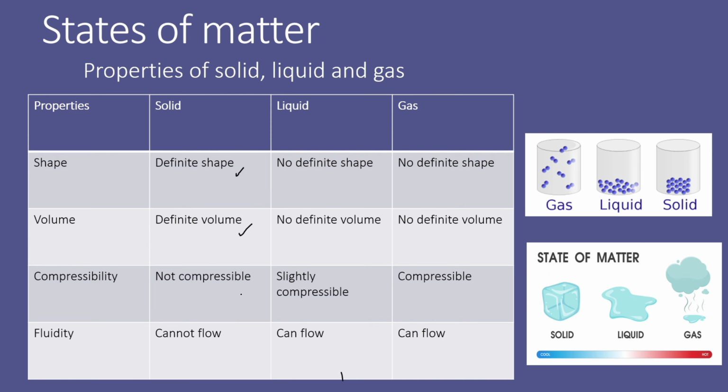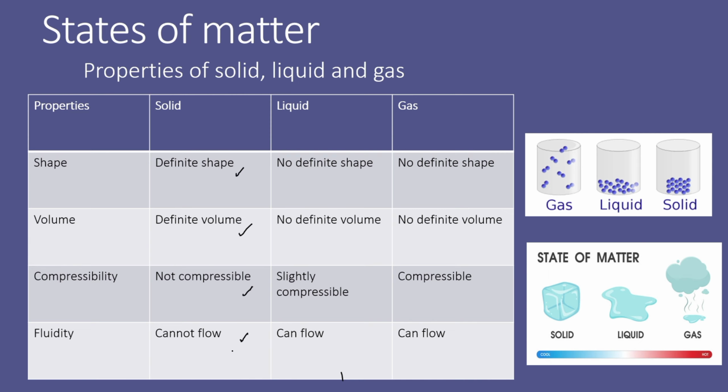As these particles are closely packed, there are no gaps. That's the reason we cannot compress solids even closer, because there are already no gaps between the particles. And as the particles are held together by strong forces of attraction, they cannot leave their places, so solids cannot flow.